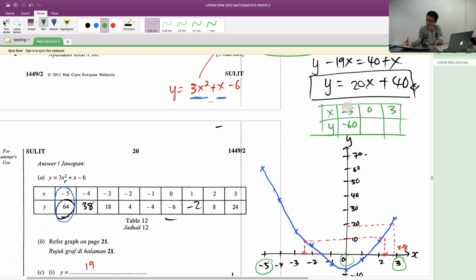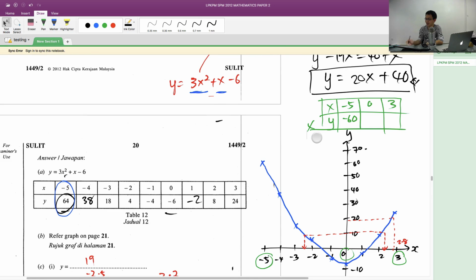So this one is out, because your graph only goes up to -10; -60 is impossible. Then I go to 0: x gives 40. Yes, it's possible. For 3, 3 times 20 is 60, and 60 plus 40 gives you 100. The number is actually very big also.